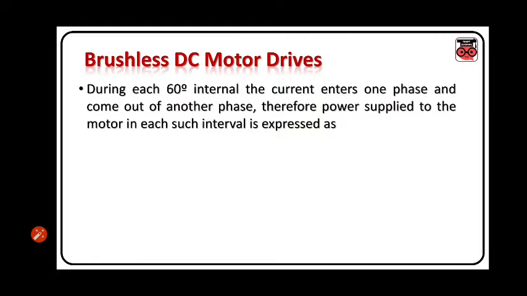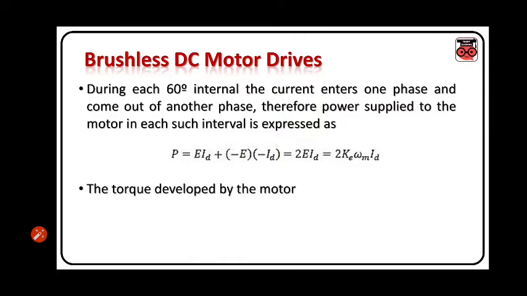Therefore, power supplied to the motor in each such interval is expressed as P equal to E Id plus minus E into minus Id, that is finally equal to 2 Ke omega m Id. The torque developed by the motor is equal to T equal to finally Kt into Id.